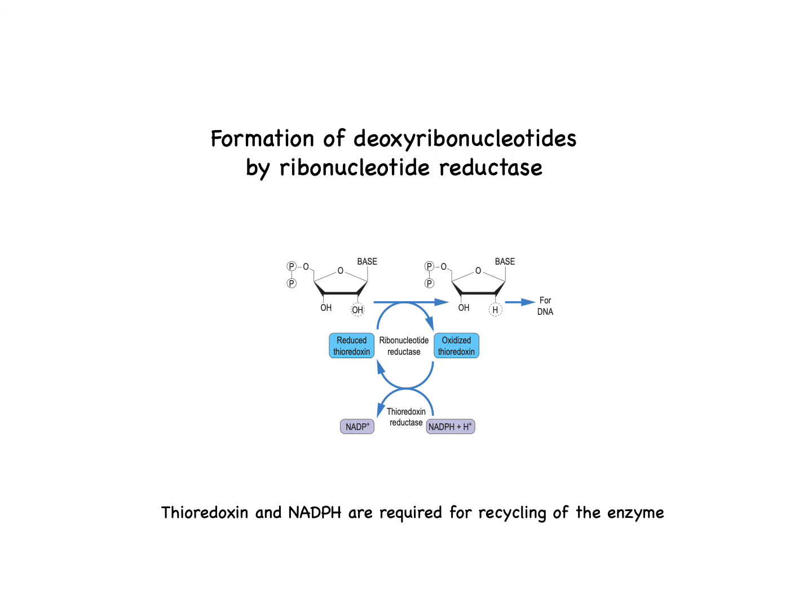So this is the reaction, again, reducing the hydroxyl group to a hydrogen at the 2' location on the sugar. It oxidizes a thioredoxin, which then needs to be reduced using NADPH.